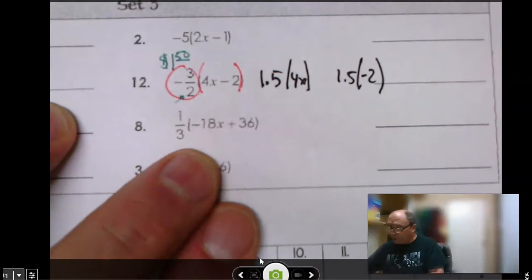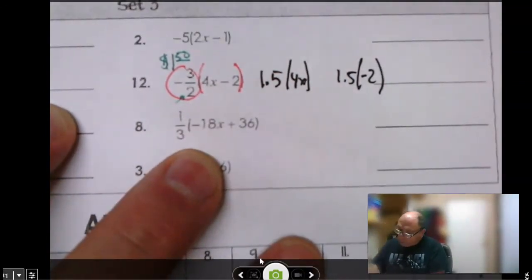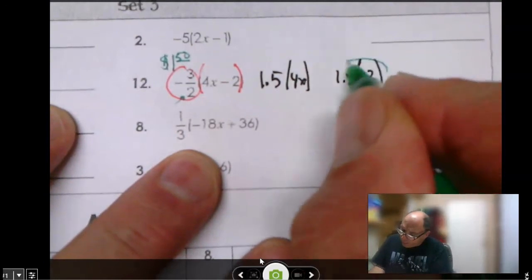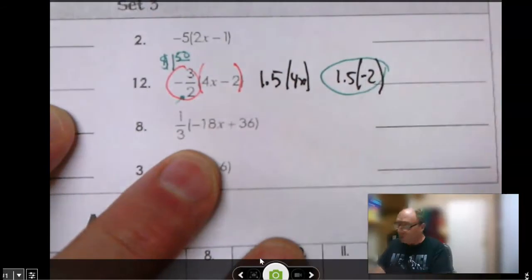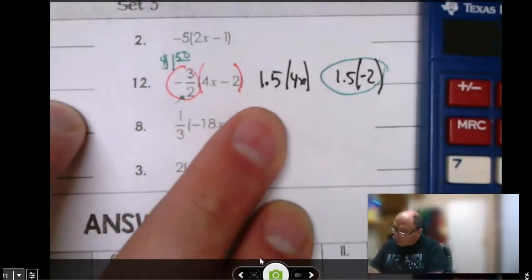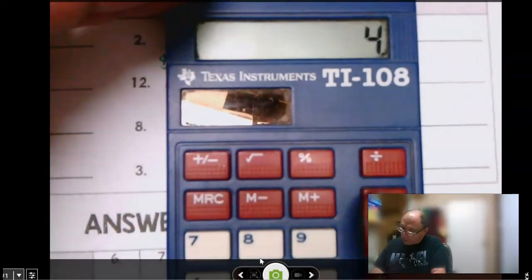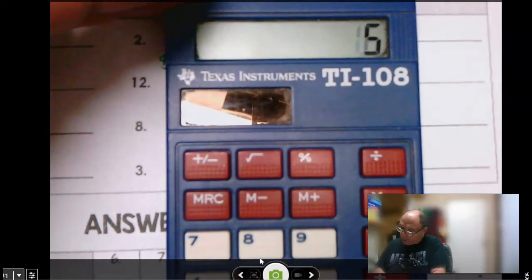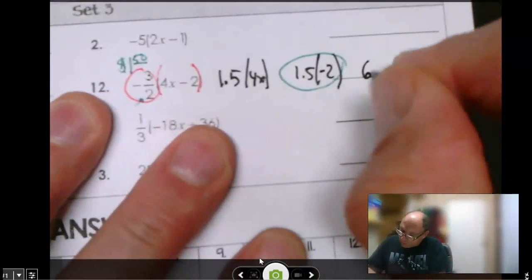So now I'm going to have you pull up these calculators, and let's go ahead and do this. I don't need to do the negative on this side because I know that this term's already negative, so ignore the negatives and just multiply. 4 times 1.5, watch how I do this. 4 times 1.5 equals 6. So on this one, 6x.